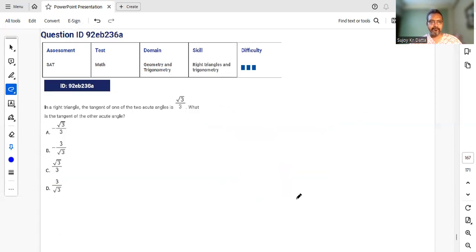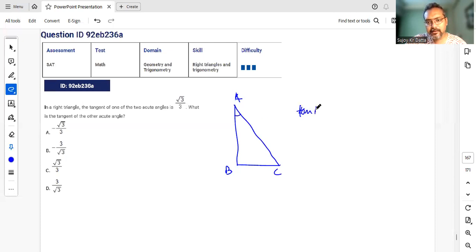Let's go to the next one. In the right angle triangle, the tangent of one of the acute angles. So this is A. Tangent of A is root 3 over 3, which is basically 1 over root 3, right?